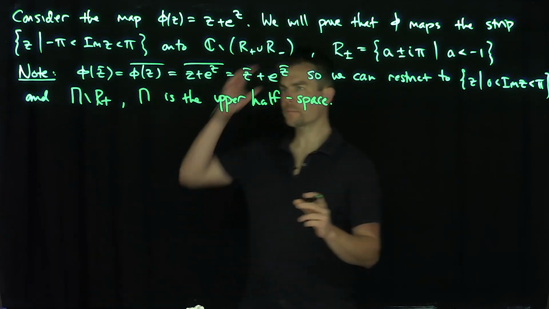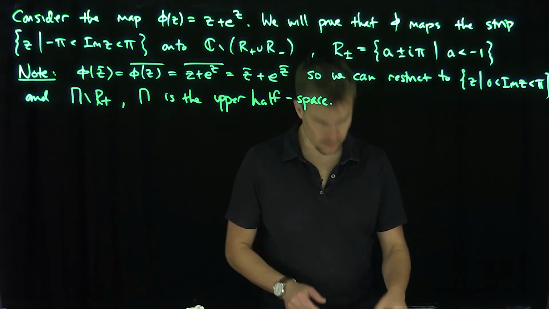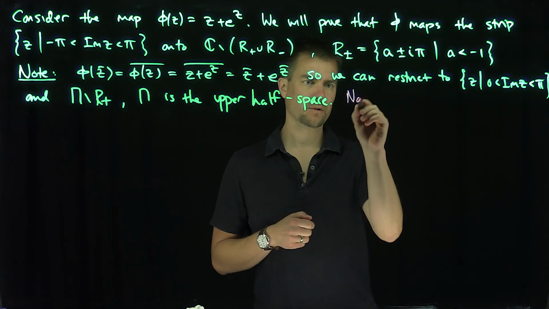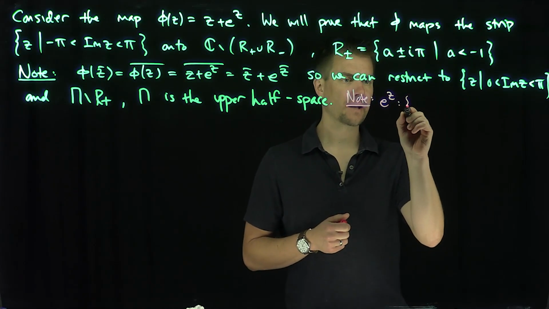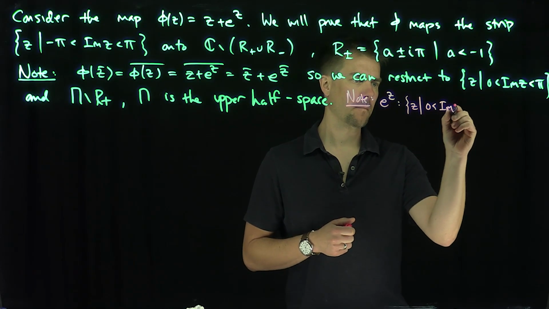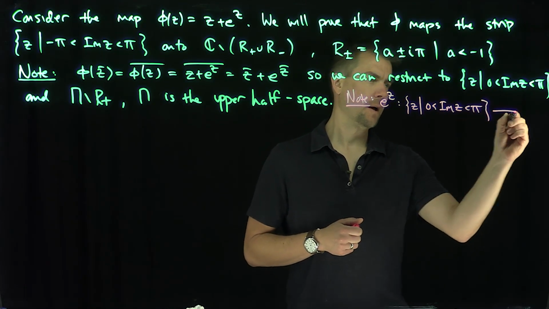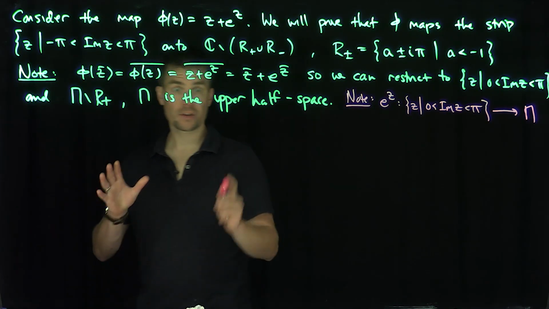Okay, beautiful. The second thing to note is that e to the z by itself takes this strip onto the upper half space. So those two notes are going to help us out a lot.